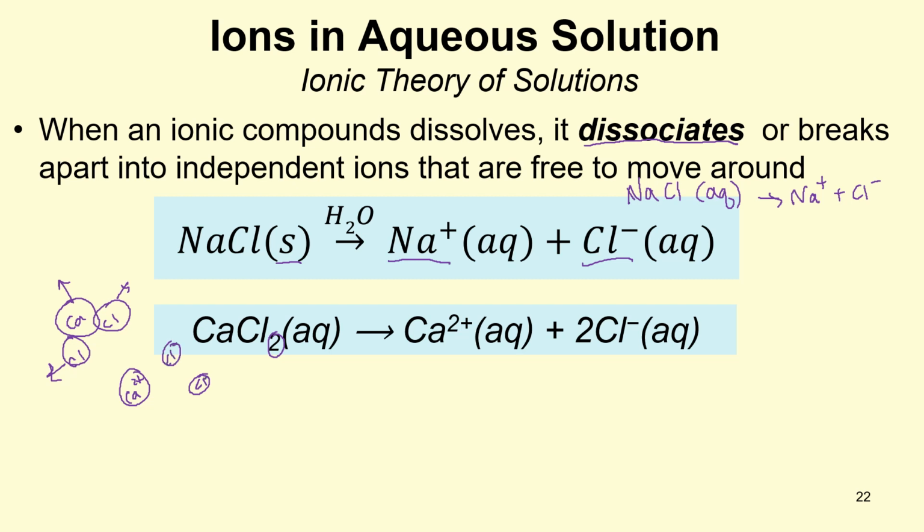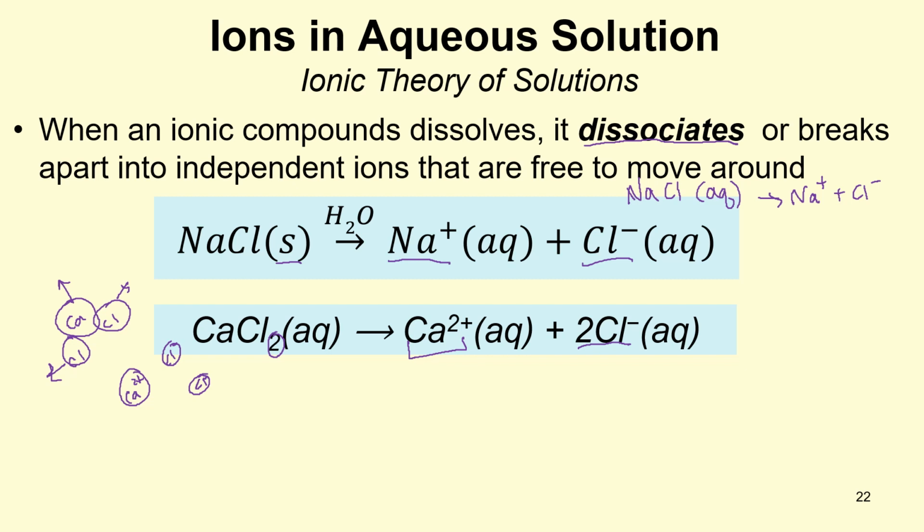This is how I write it. I write the Ca, and there's one of them. And now there's two Cl's, so I'm going to write them as separate entities. So the 2 actually comes out front. There's one Ca2 plus, and there's two Cl minus ions. So this is how you would represent that.